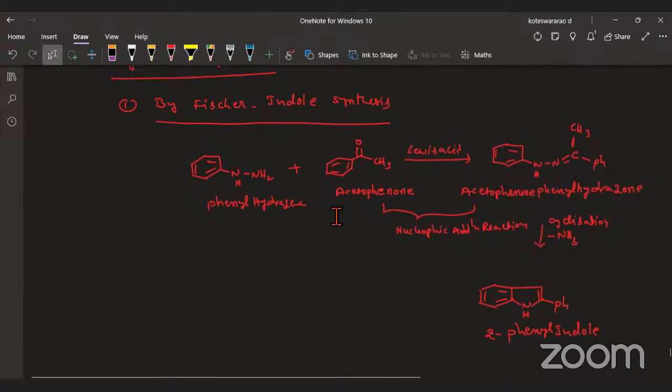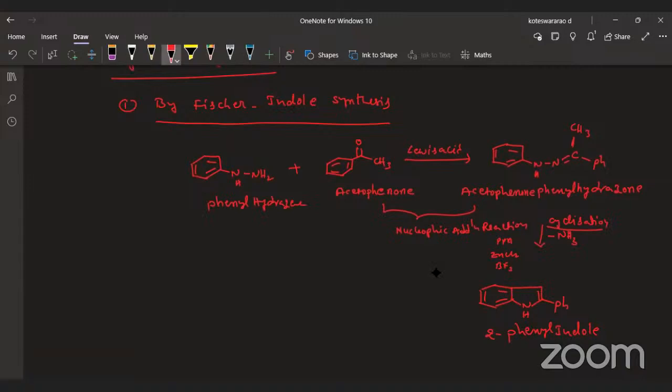In the second step, for cyclization, we use a Lewis acid, which may be polyphosphoric acid, anhydrous zinc chloride, BF3, or any relevant Lewis acid.